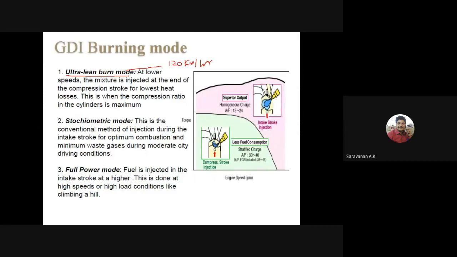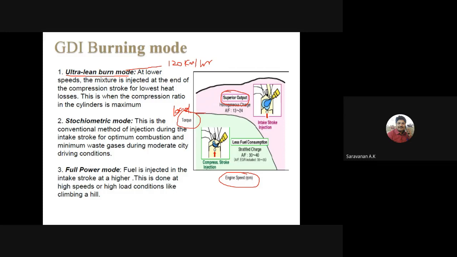We have to cool the charge, then only can we get superior output power performance. The engine torque is based on the load and speed condition.